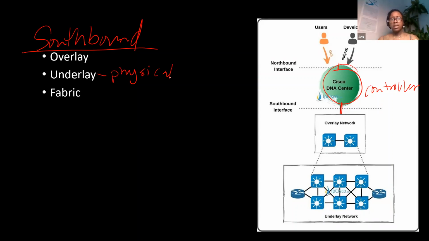The goal of this underlay is to discover each other. So all these devices are going to discover each other and ask, are you a part of this SDA network, right? Are you a part of this software defined network? Basically that's really it.